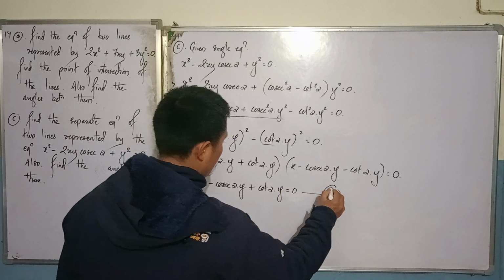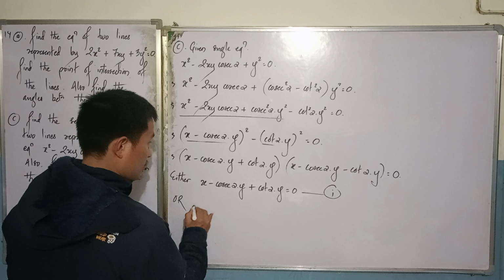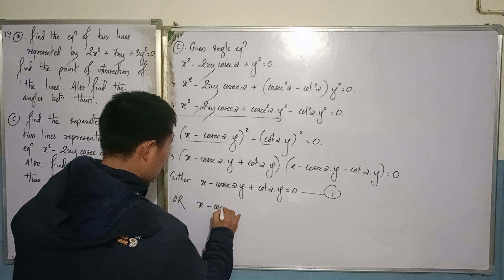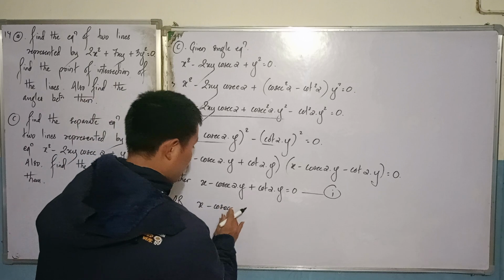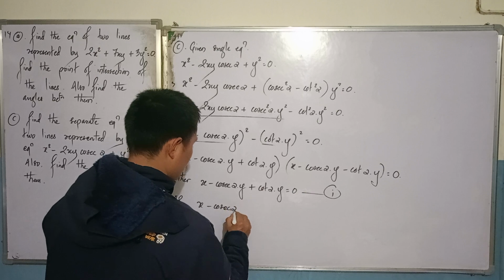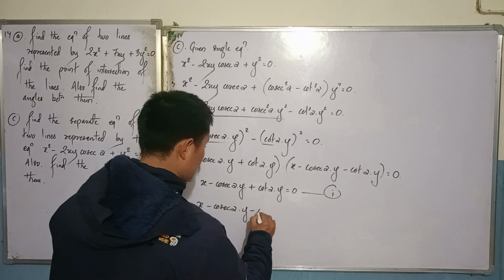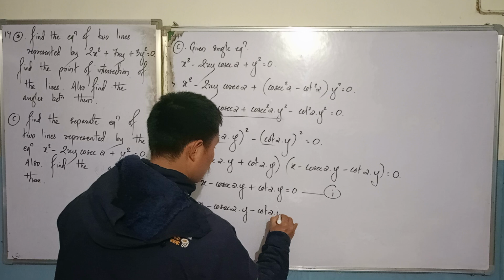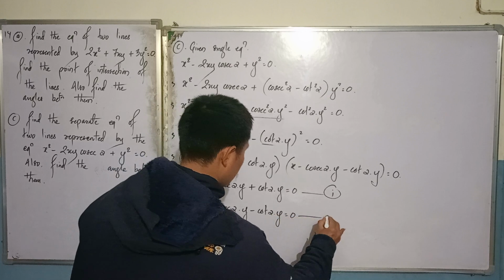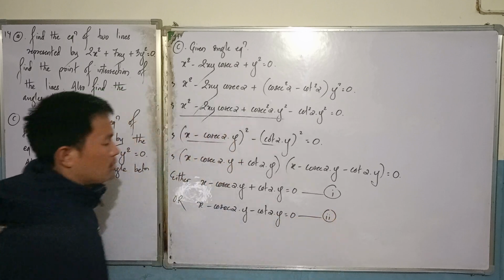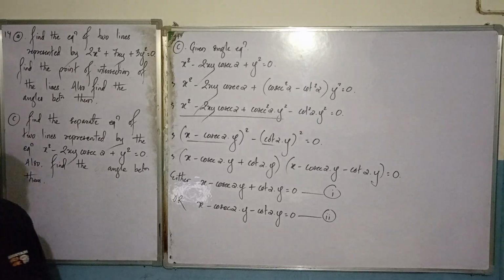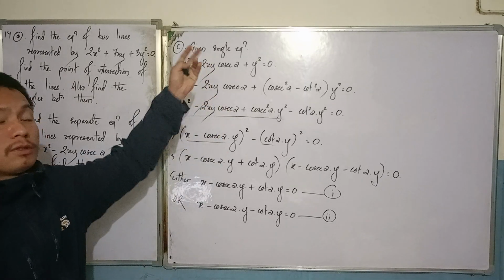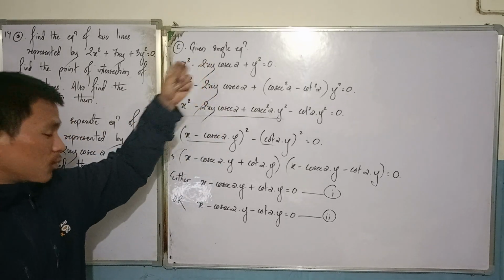This is I. And another x minus cosec alpha y minus cot alpha y is equal to 0. This is double I. Okay, so these are the two equations separated from this single equation.